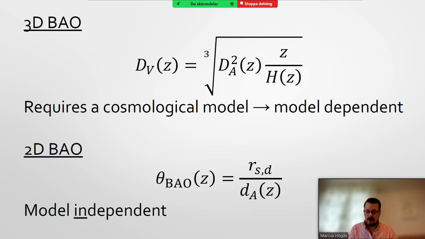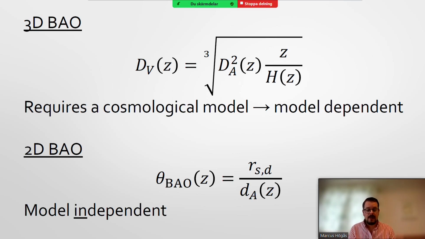2D BAO data, on the other hand, only assesses the correlations between, for example, galaxies in the angular directions. So that's quantified by this angle here, which is basically the typical angular separation of galaxies on the sky. And the advantage of this way of quantifying BAO data is that it does not rely on any assumed model for the background cosmology.